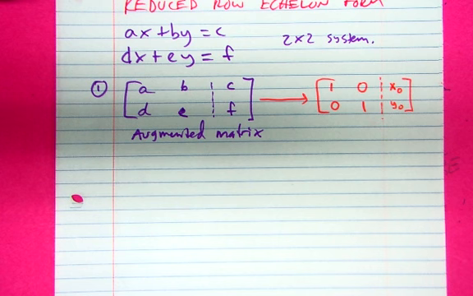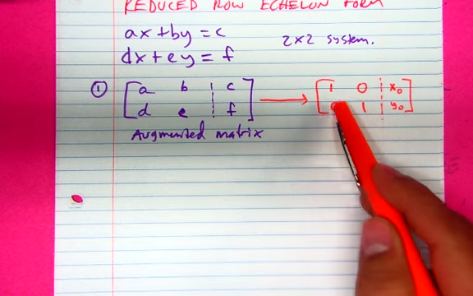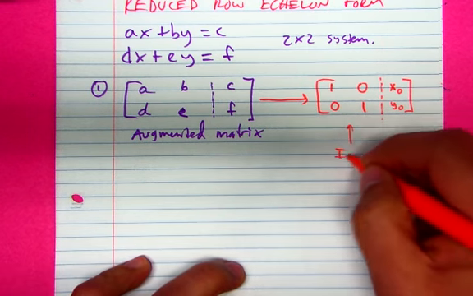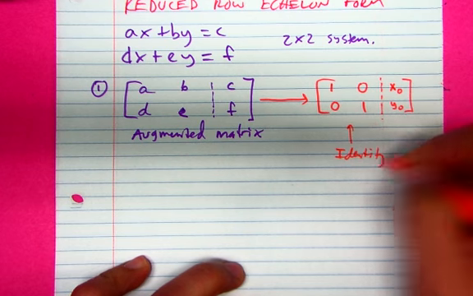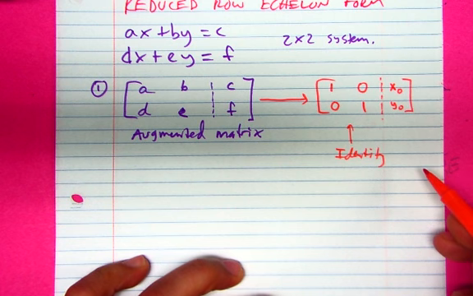Okay, so we're going to do some manipulations like adding, subtracting, multiplication, dividing. And eventually the goal is that this matrix will turn into what we call the identity matrix on the left. The identity matrix has a diagonal of 1s with zeros everywhere else.